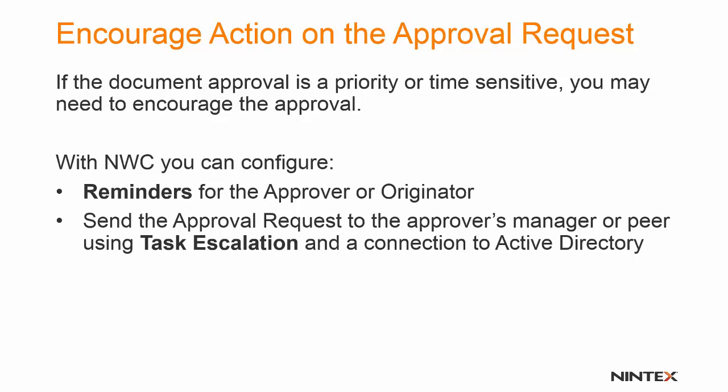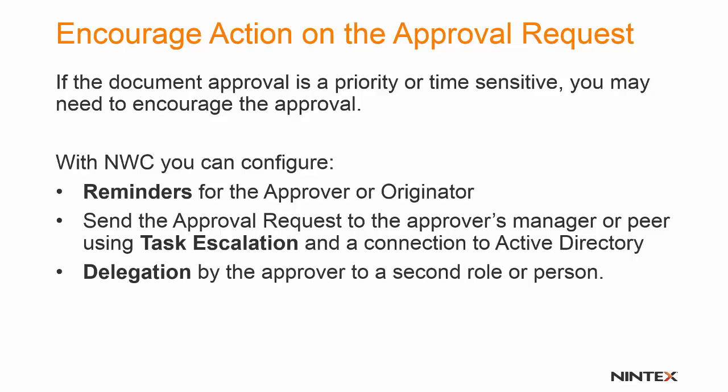If the approver doesn't reply in time, say they're on vacation or out sick, you can use task escalation to send that approval request on to the approver's manager or their peer, therefore bringing a new player into the system. You can also use delegation by the approver so that a more appropriate person handles the approval.